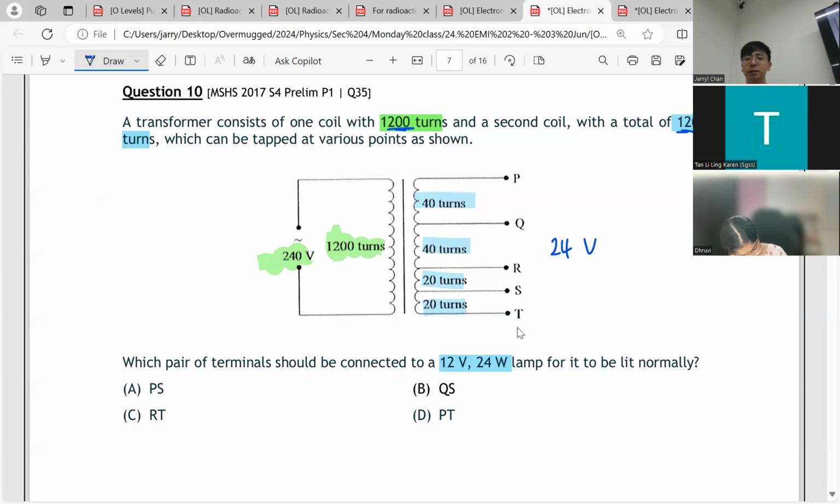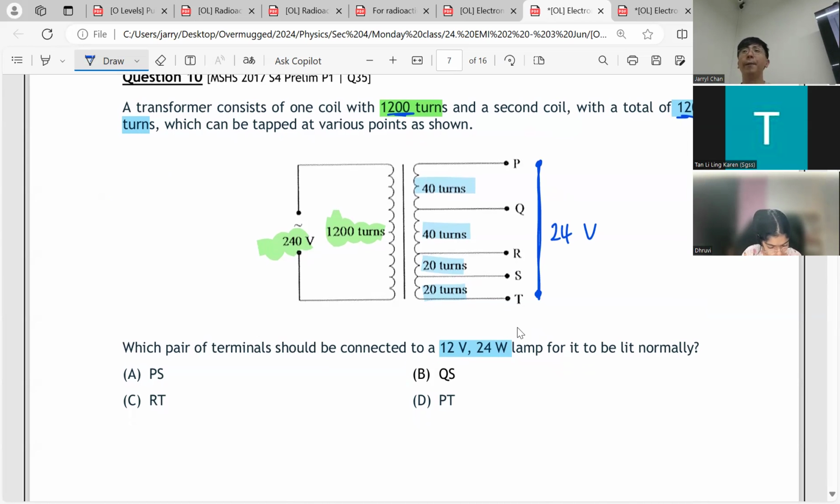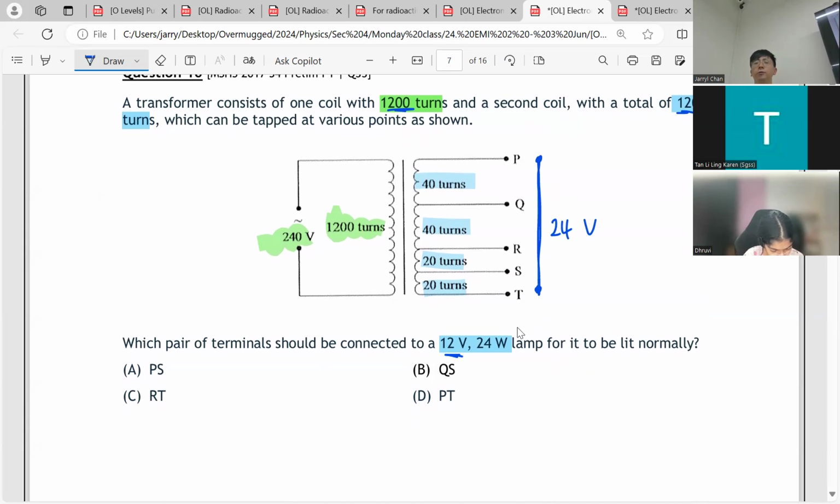Okay. So this 24 volts is for the entire thing. This entire thing, I get 24 volts. Currently, I only want a pair of terminals for 12 volts. How? Potential divider concept can be sort of like thought about here.